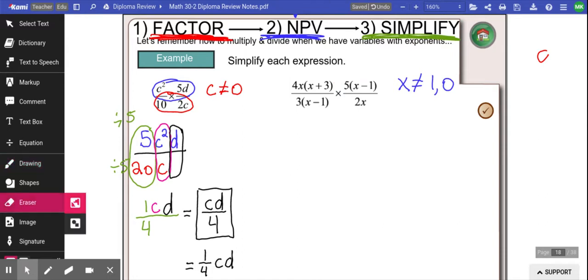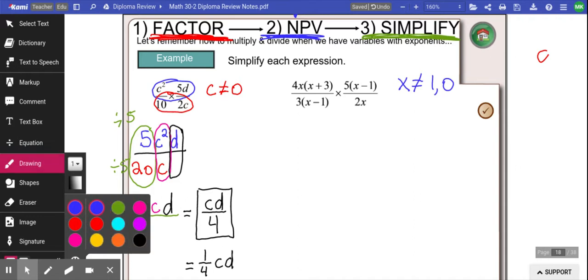Okay. We factored. We NPV'd. Now we need to simplify. When we go to simplify, what we like to do is combine it into one fraction first and then try to reduce it. To combine it into one fraction first, I want to multiply everything across the top. When you're multiplying, monomials go together and you do not expand anything else.